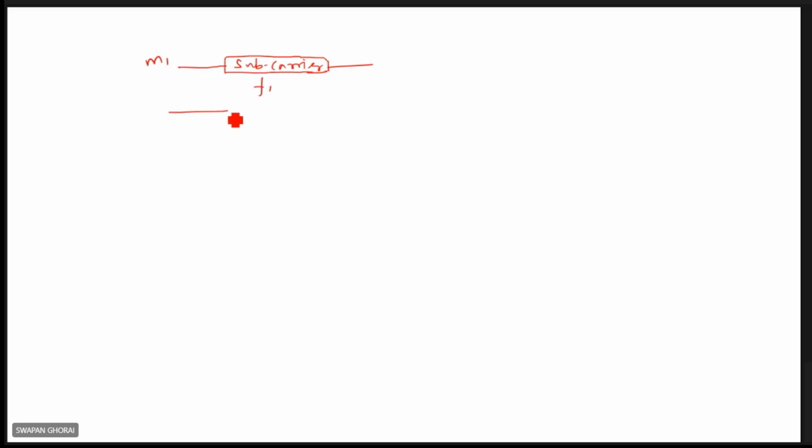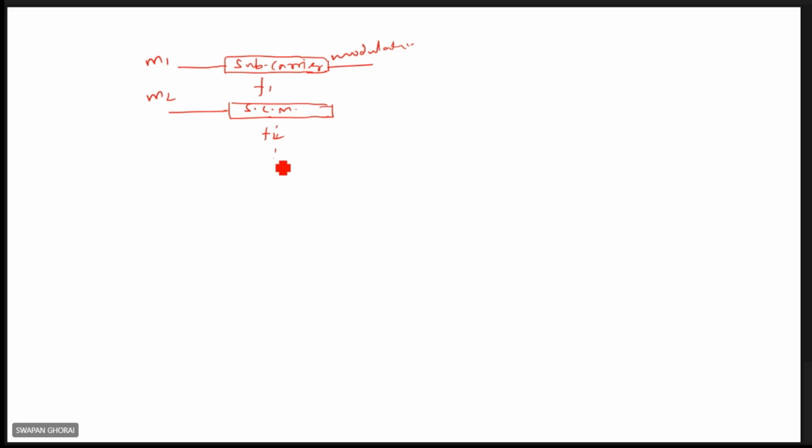Similarly, there will be another subcarrier F2 for M2. This is the subcarrier modulation. First, M1 will be modulated with this carrier frequency. There is also subcarrier modulation with F2 and M2.